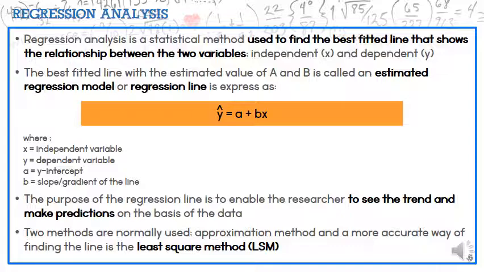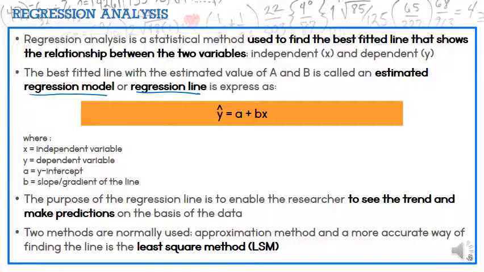Next one is regression analysis. Regression analysis is a statistical method used to find the best fitted line that shows the relationship between the two variables. The best fitted line with the estimated values of A and B is called an estimated regression model or regression line, expressed as Y = A + BX.